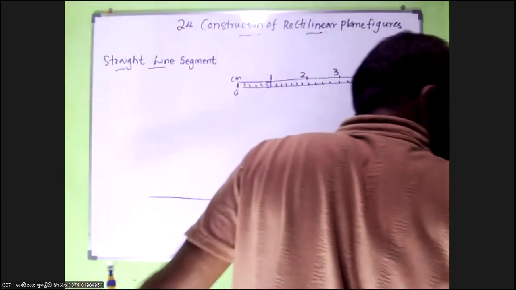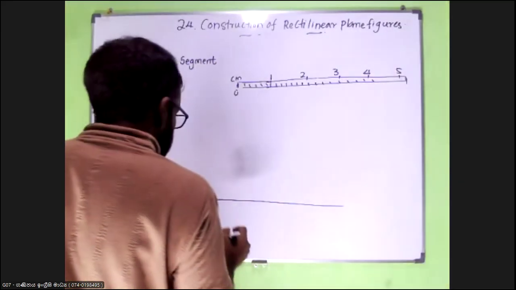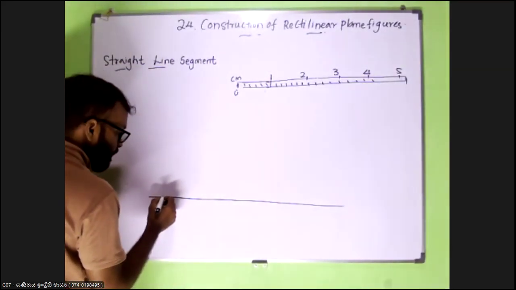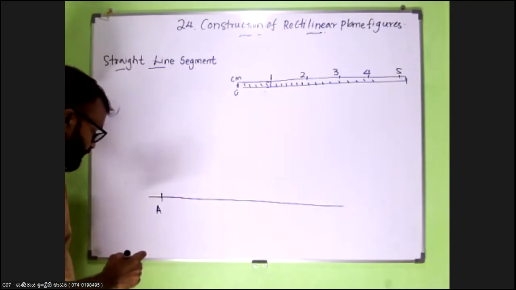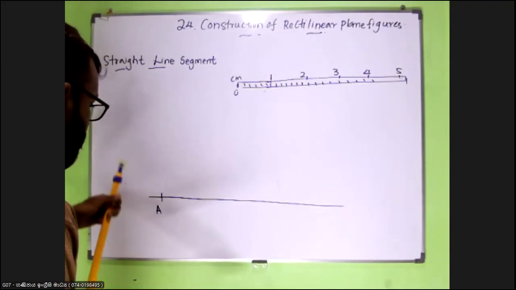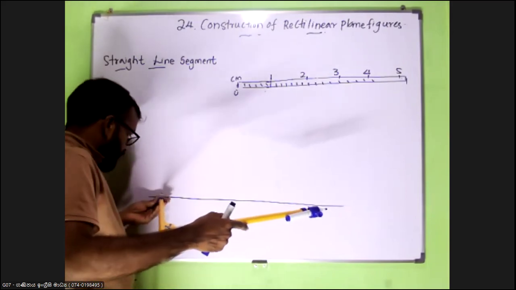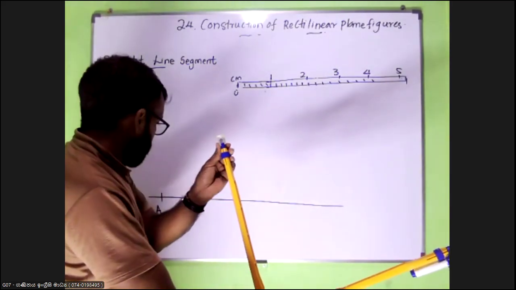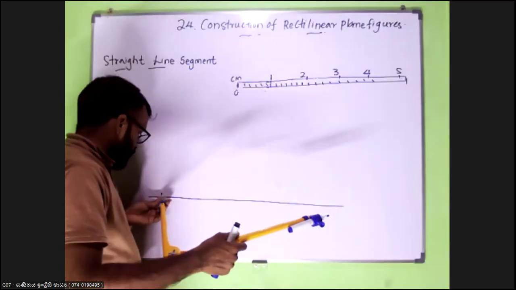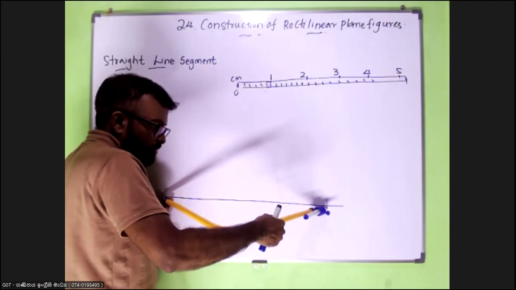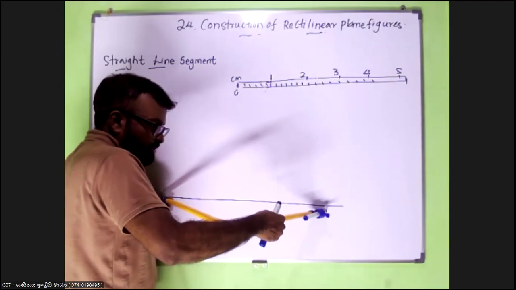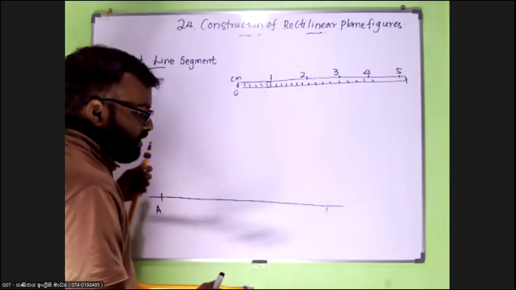I am going to mark a point on my straight line as A. This is my A. Then I place my compass on this and draw an arc like this.